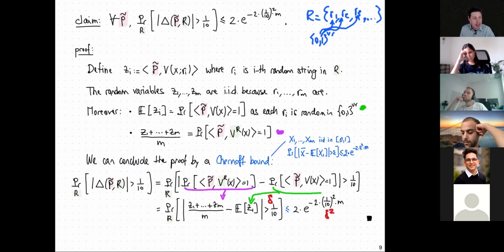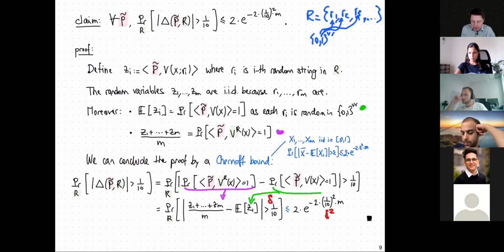Notice we haven't yet used the fact that the transcript of communication is small, okay? All right, there's a question by me: why is this true? Well, remember that each Zi is a random variable that considers the verifier winning with Ri, but Ri is the ith random string in R, and each string is sampled from the full set, right?